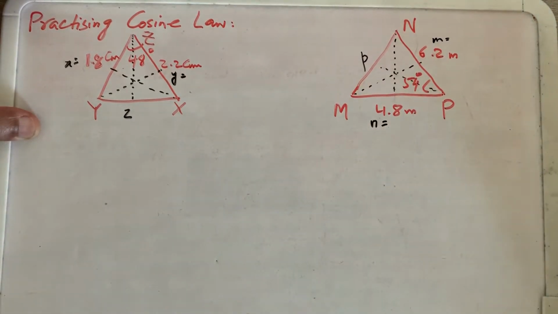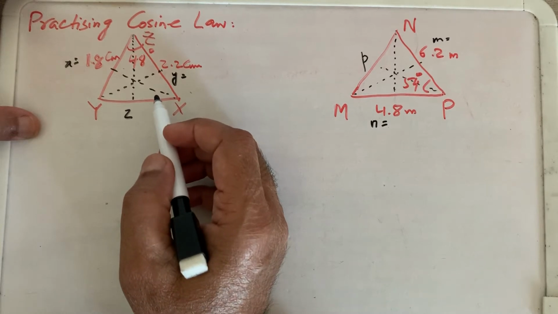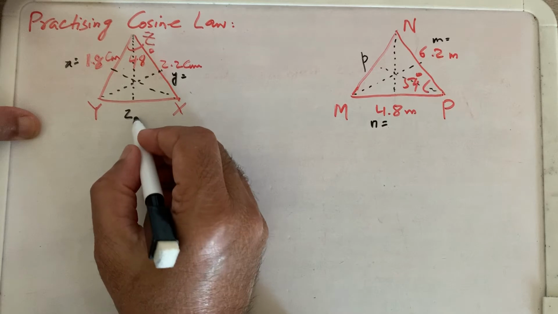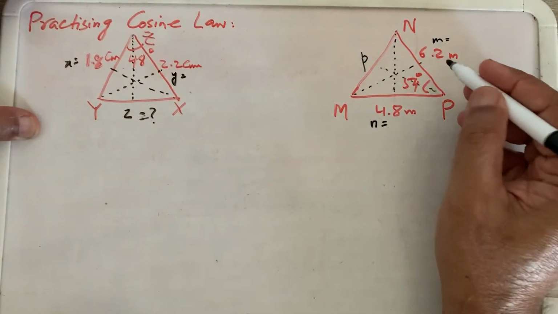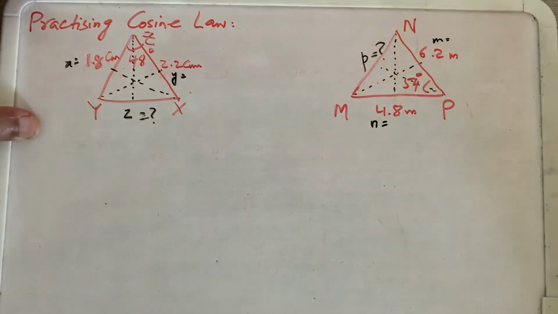So when we put this down, then it's easy to calculate the rest of the side, right? So what we are looking for here is z. The two sides are known, the third side is required. And here the third side is this one, p. So this is required in this question, right?